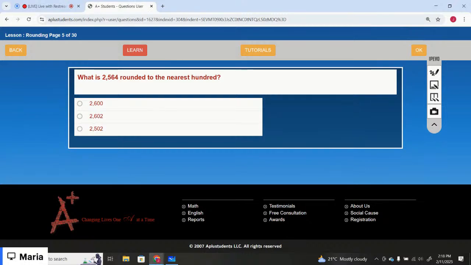Okay, what is 2564 rounded to the nearest 100? Which is the correct option?